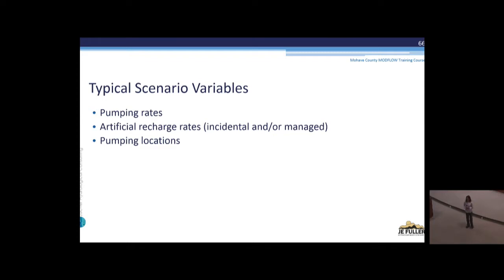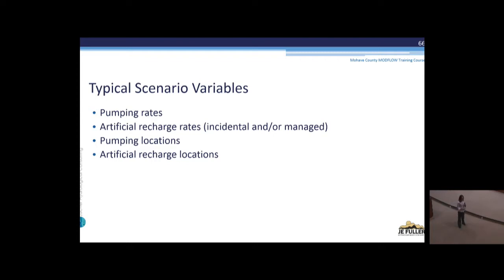Sometimes problems can be solved by changing the location of a pumping well or pumping center. If you're having an impact on something that's very critical, like a stream or a wetland or a neighbor, sometimes the solution is to move farther away. Artificial recharge locations. You want to target, get as close as possible to the point of interest that you're trying to help.